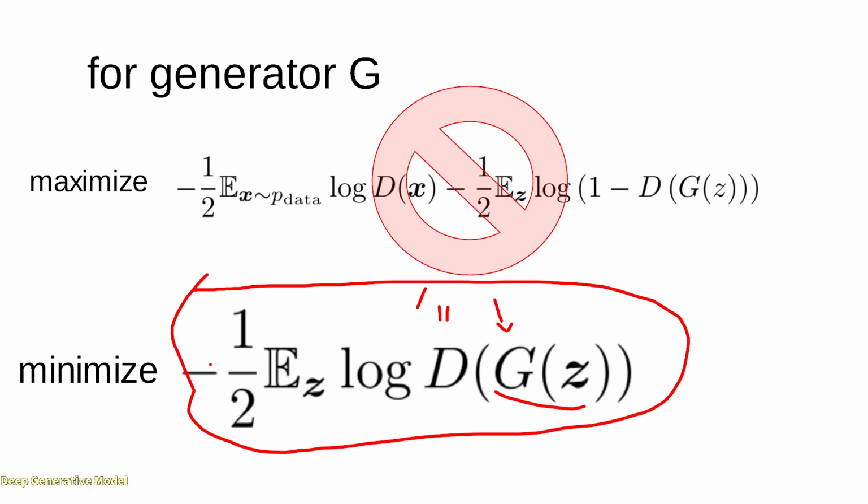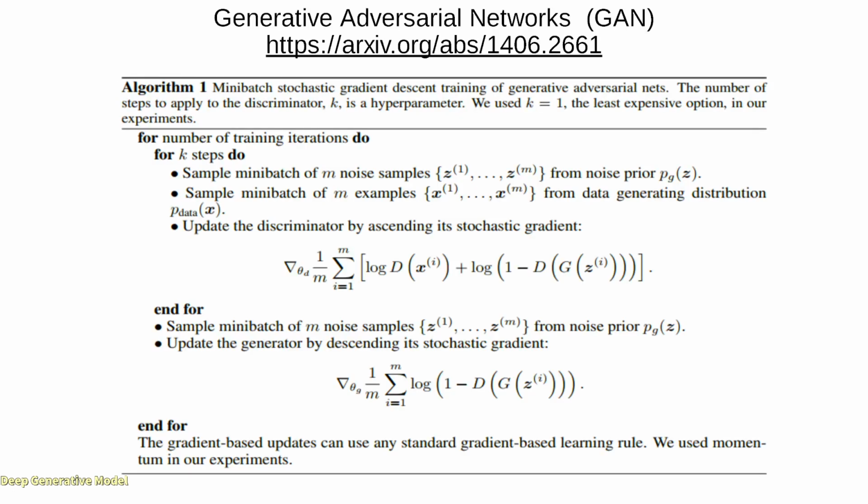Our goal is the same. It's just we use a different formula so that the training is more stable. So this one is an actual pseudocode in a paper, and you can see that it is still using the wrong formula right here, even in a pseudocode.